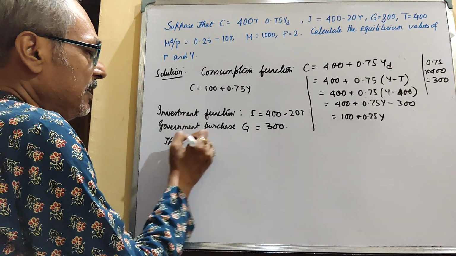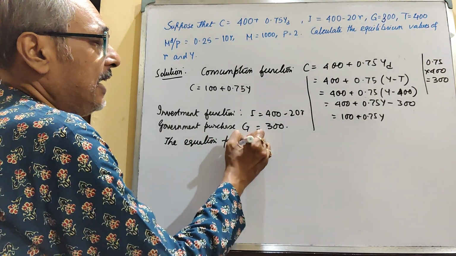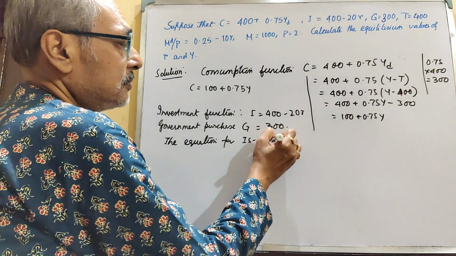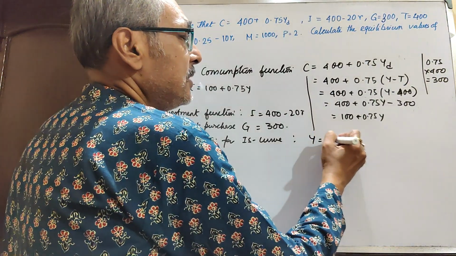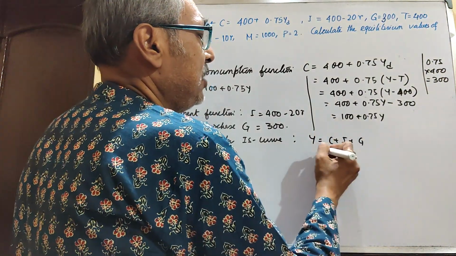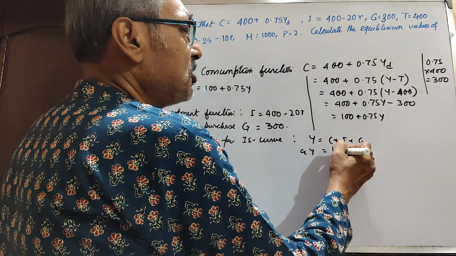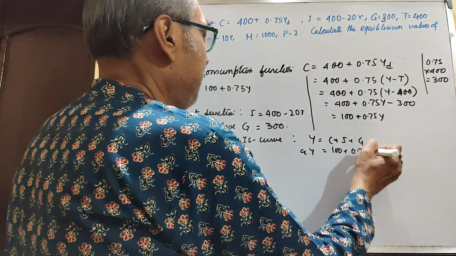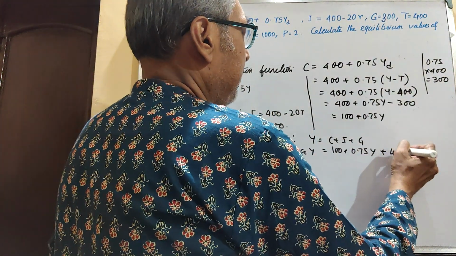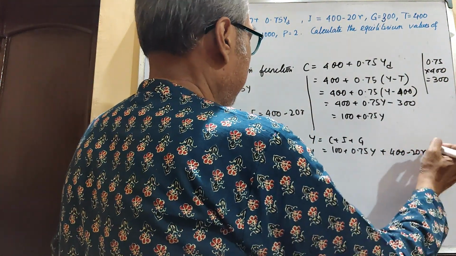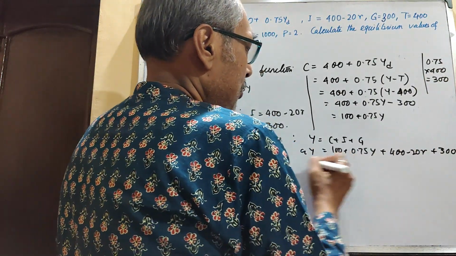The equation for the IS curve is Y equals C plus I plus G. Now in place of C, I am writing 100 plus 0.75Y. In place of I, I am writing 400 minus 20r. In place of G, I am writing 300.